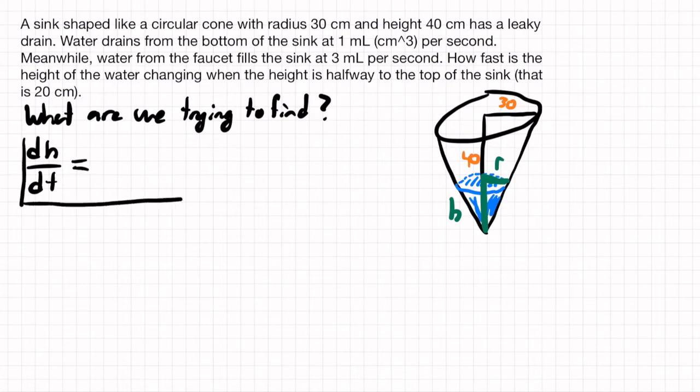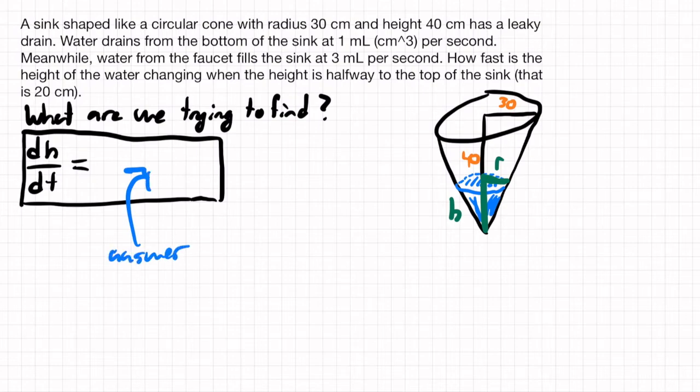So our answer is going to be something with the dH/dt in it. The answer will go here. But knowing what we're trying to find will help us a lot when we're doing the equation, because it might help us from not plugging something in when we shouldn't.